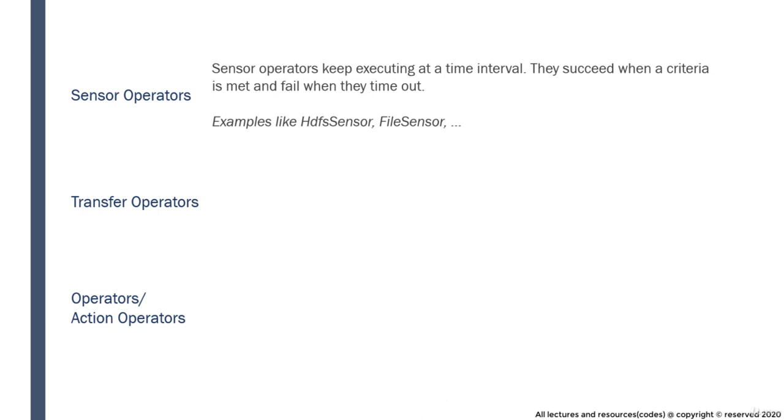The sensor operator will keep on checking that location at regular intervals and will only move ahead once the required file arrives. Not only files, sensor operators can be used in any case where you need some event to happen before other tasks can start. Examples include an HDFS sensor waiting for a file landing in HDFS, a normal file sensor, etc. In fact, we have a separate lecture on a file sensors demo in this course.